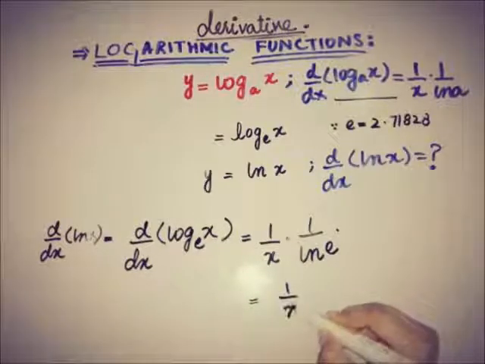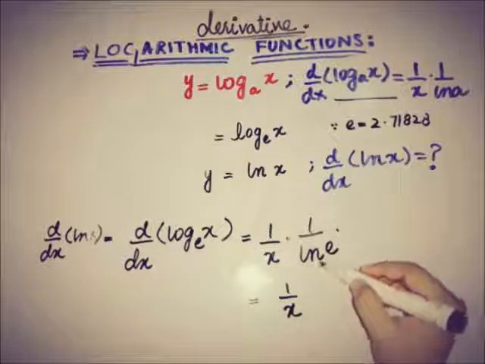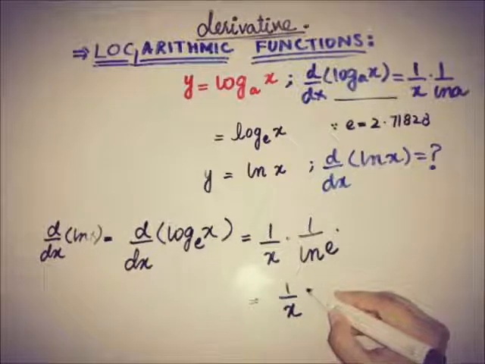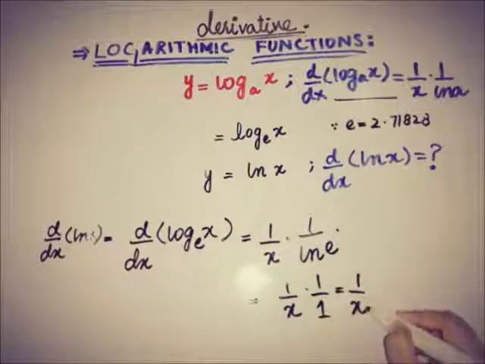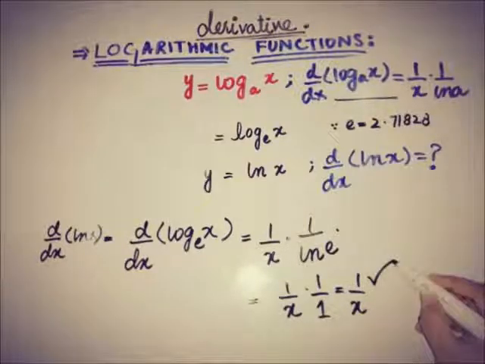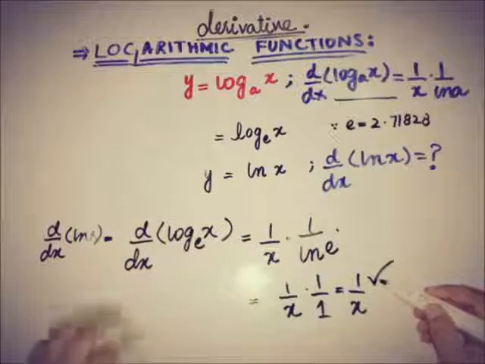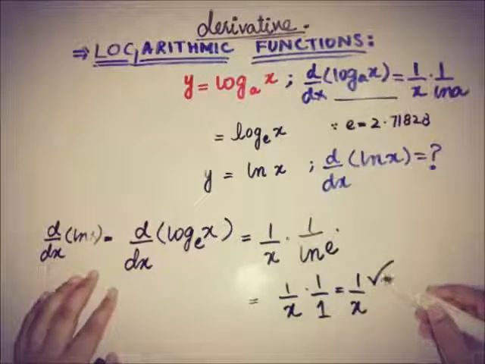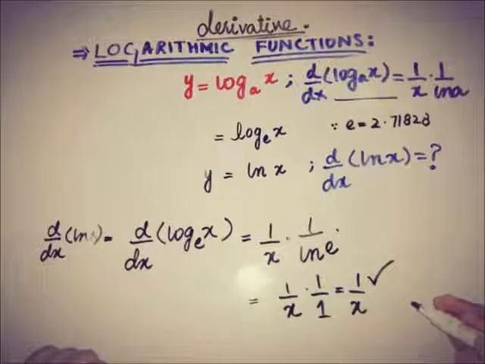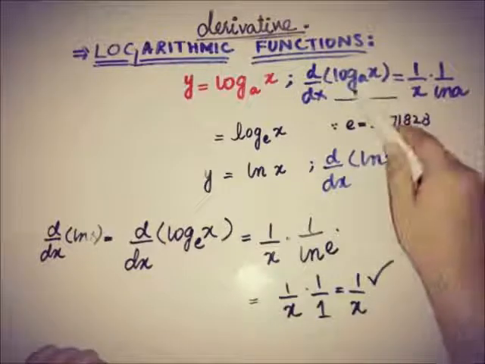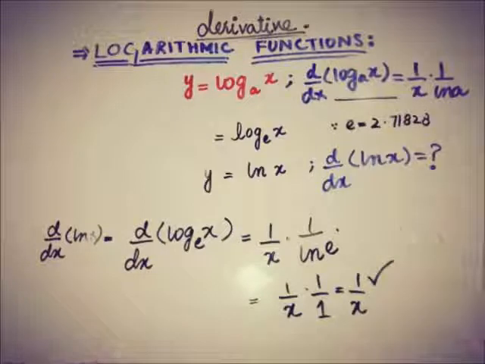So 1 by x, and we know natural log of e is equal to 1, so 1 by 1 comes out as 1 by x. This is the derivative or rate of change of natural log of x, and it is really easy to find if you know the rate of change of the basic logarithmic function of any base, because a could be any real number.